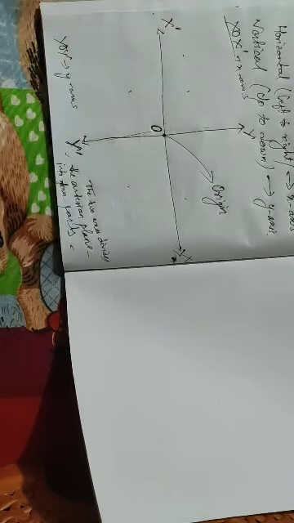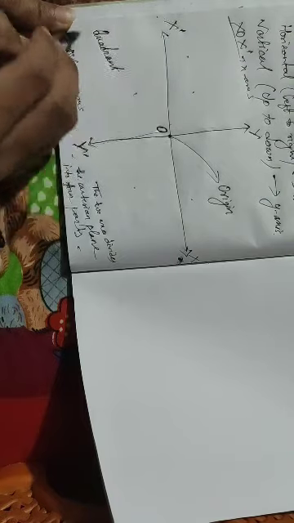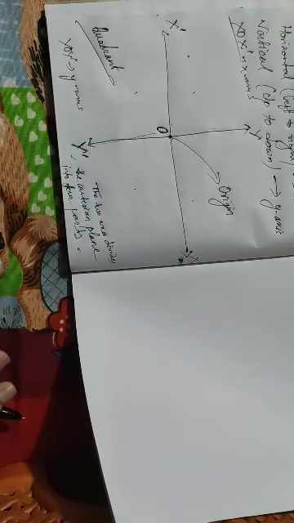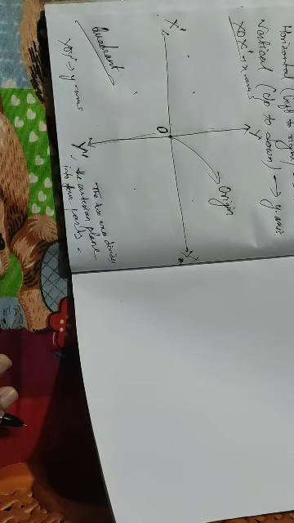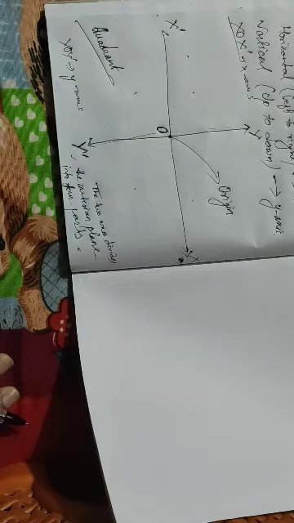And each part is called a quadrant. So each part will be called a quadrant. Quad means 4. That is why, since they have been divided into 4 parts, quadrant means 1 out of 4.